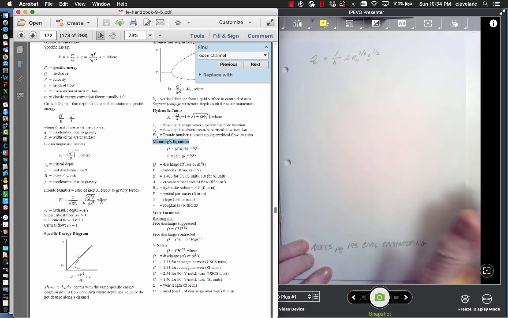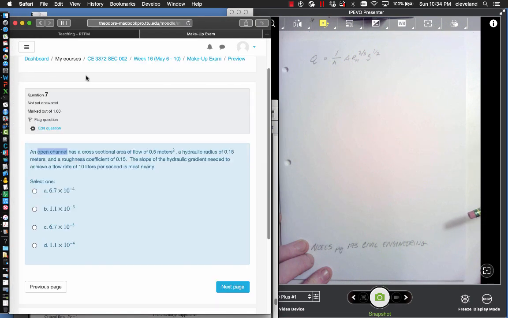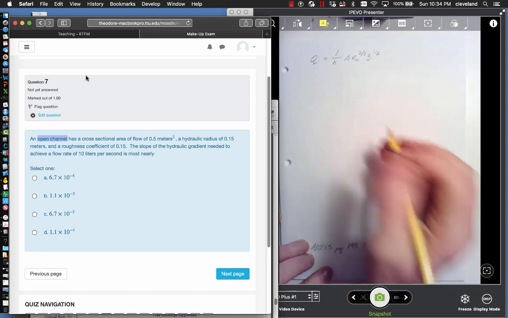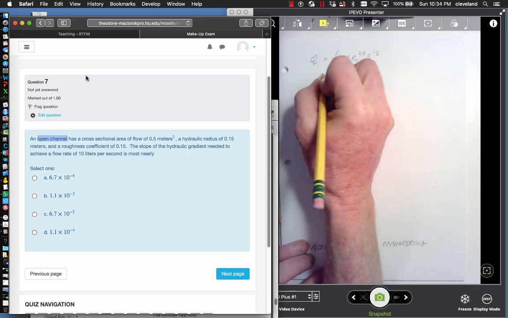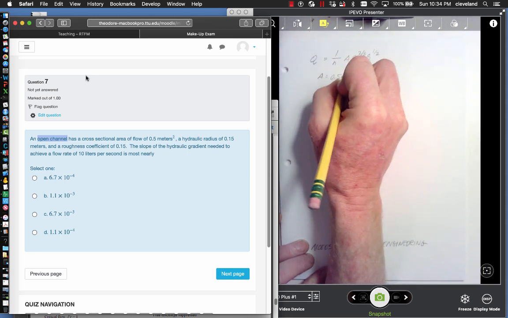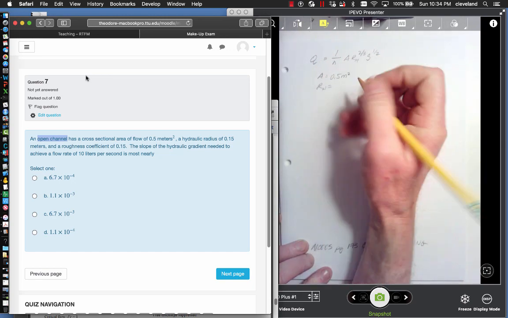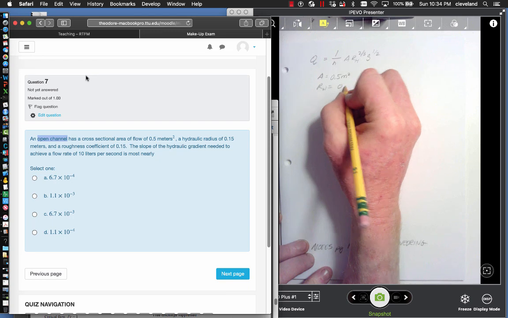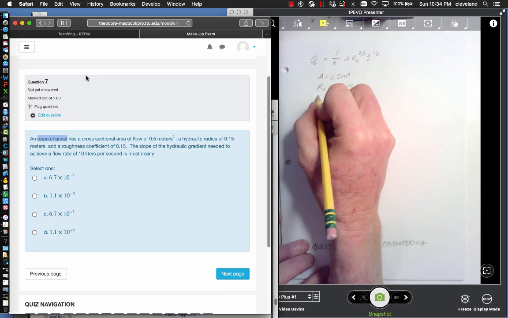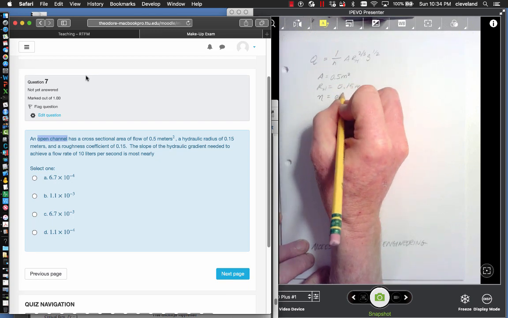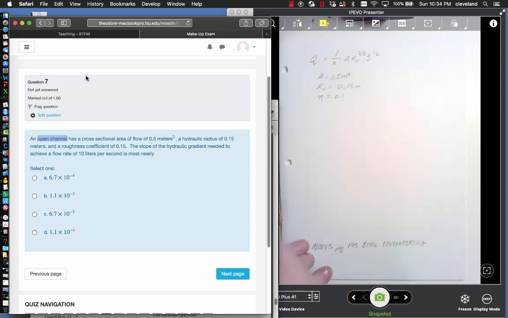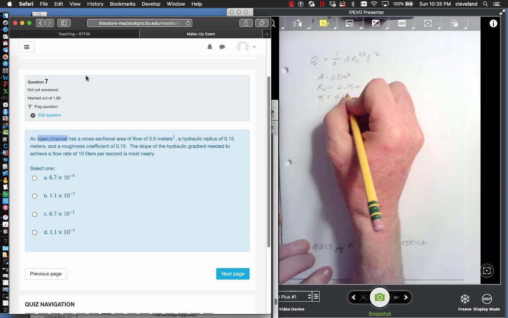So our question, let's refresh the question. A is given, 0.5 meters squared. Hydraulic radius is given, 0.15 meters. N is given, 0.15.